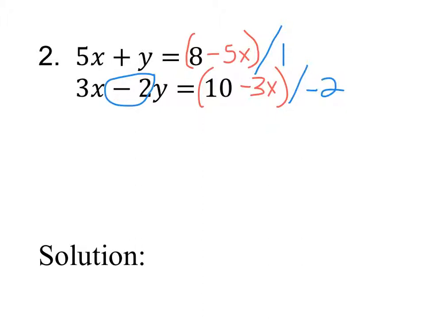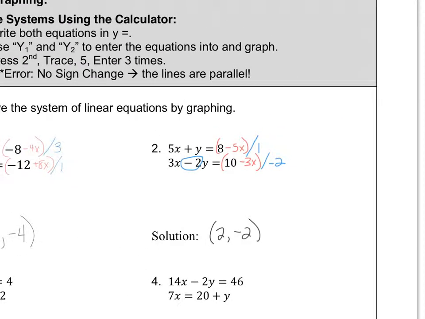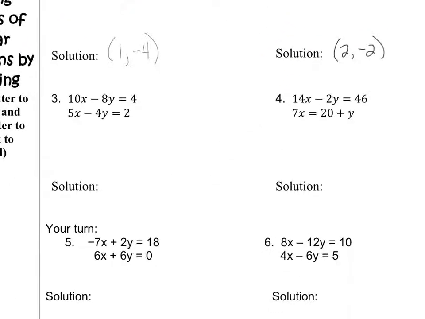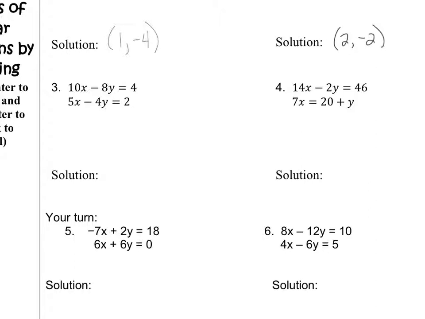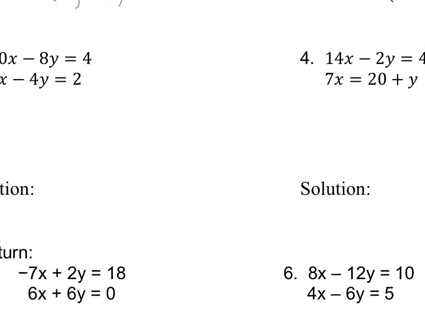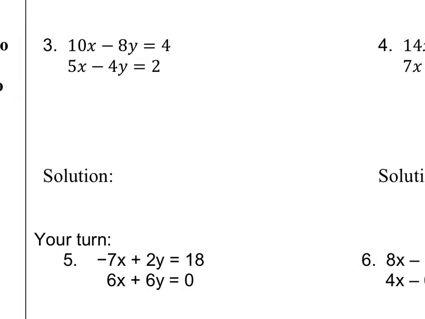Okay, when I put these into the calculator, I come up with a solution of 2, -2. Okay, again, let's go ahead and get number 3 into the calculator form. So on number 3, first thing we're going to do is our right parentheses.